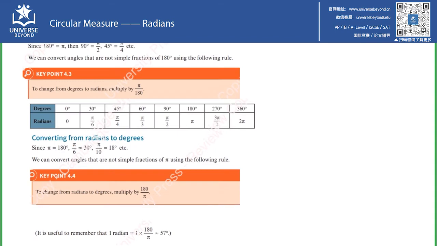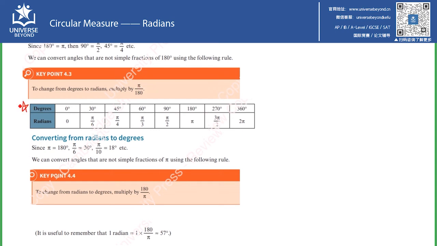Okay. And converting from degrees to radians, similar to the last slide. Since 180 is pi, 90 is pi over 2, 45 is pi over 4, 0 is 0. Switching from degrees to radians, multiply by pi divided by 180.